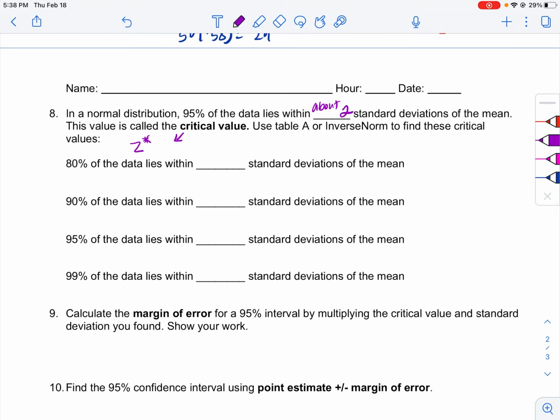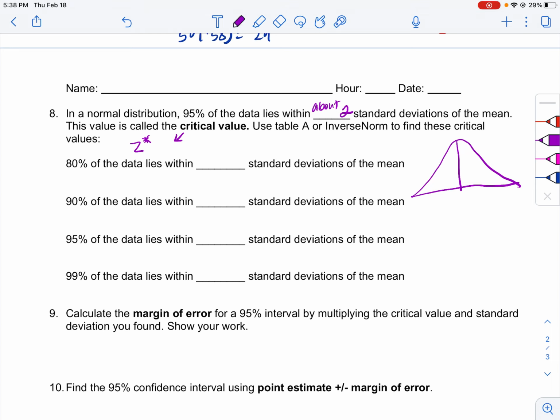What is a critical value? Okay, 80% of the data lies within some standard deviations of the mean. So let me draw that for you over here. If I know that this is 68%, I know this is 90%, right?